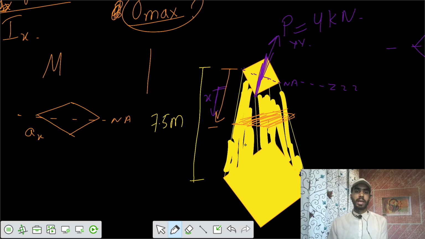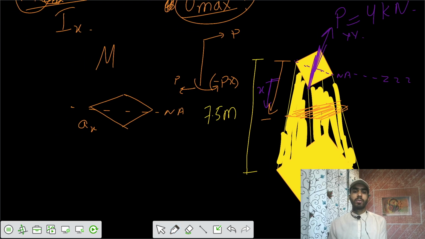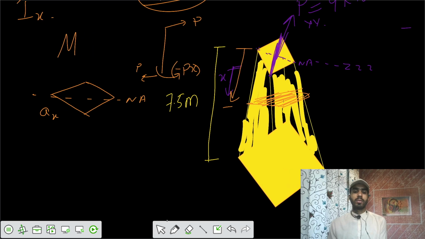With a load P applied here, the shear force is P and the moment developed is P into x. Anticlockwise or clockwise is not critical for this problem. So we have a bending moment of Px, and we have the section ax, and we need the section modulus.